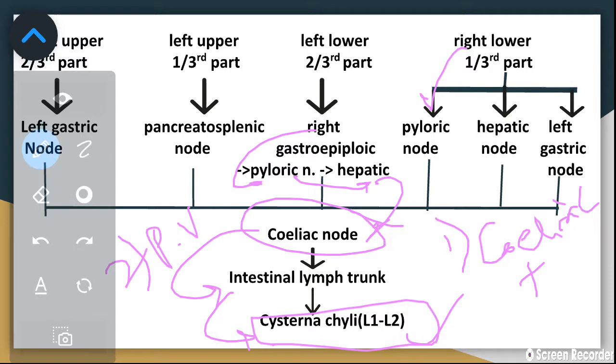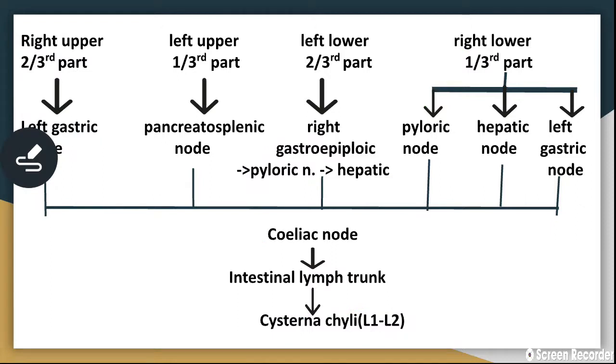The celiac trunk is at level T12 and the portal vein is at level L2. All three are somewhat similar. The cisterna chyli is at level L1, L2. The celiac trunk originates at the level of T12 and the portal vein originates at the level of L2 behind the neck of the pancreas. So this was the lymphatic drainage of the stomach.